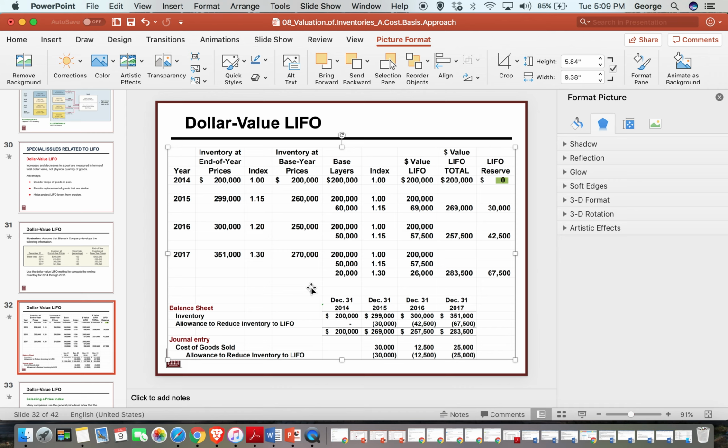Then for the last year, 2017, I have 3 layers: the original 200,000, the 50,000 at 1.15, and then the 20,000 times 1.13.